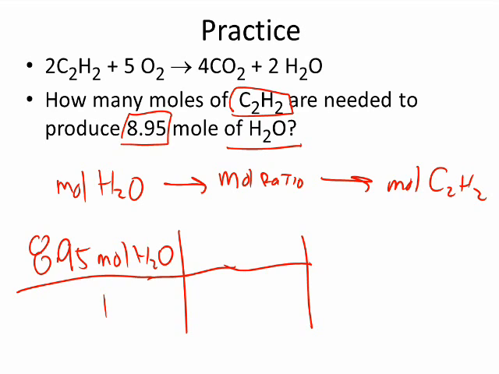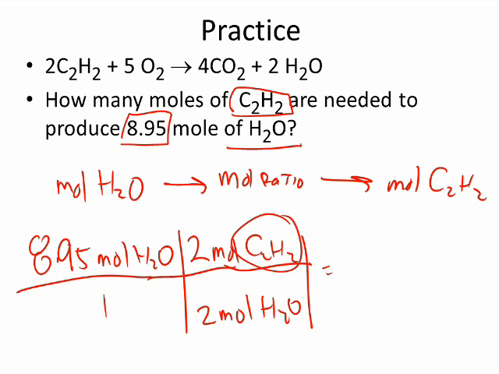The mole ratio is 2 moles of water. Now we want that on the bottom so it cancels out, and we want 2 moles C2H2 on top because that's what we want. Now, of course, this is going to cancel out, and we're going to get 8.95 moles of C2H2.